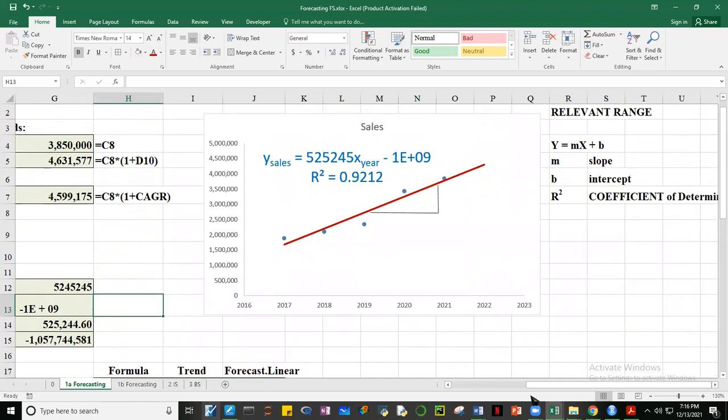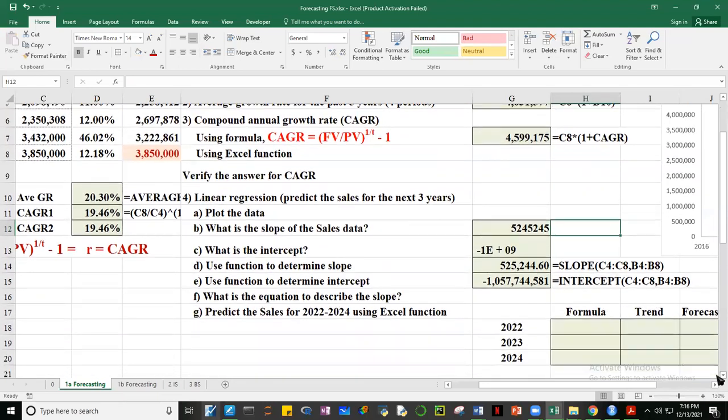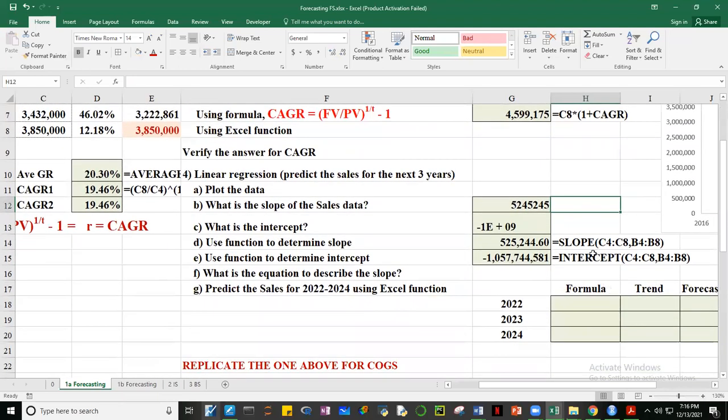Dito kasi hindi natin alam, no? So we were able to compute for the slope and the intercept. Therefore, pwede natin i-solve kung ano yung Y sales.